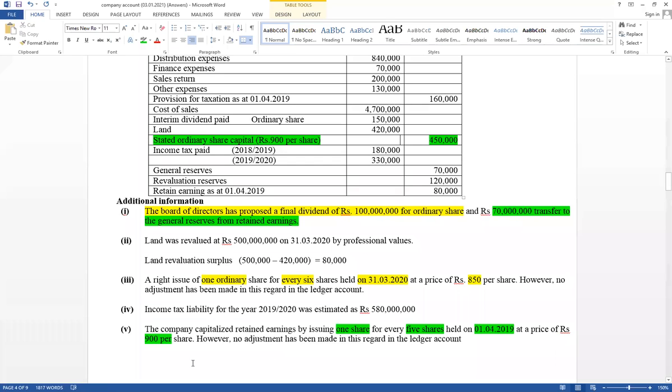Therefore, from the beginning, you have to calculate the number of shares issued already. How to calculate? Value divided by per share price.